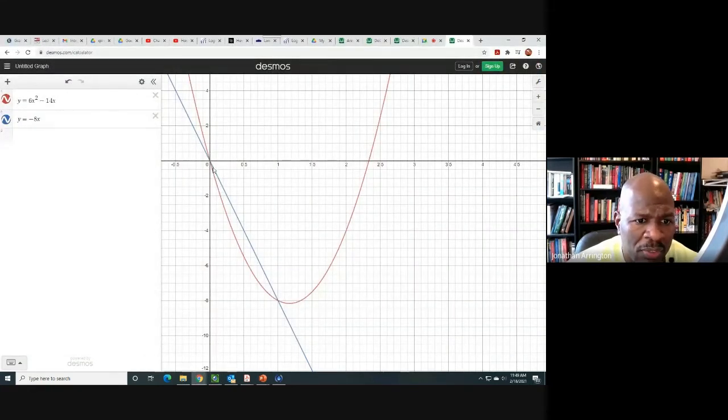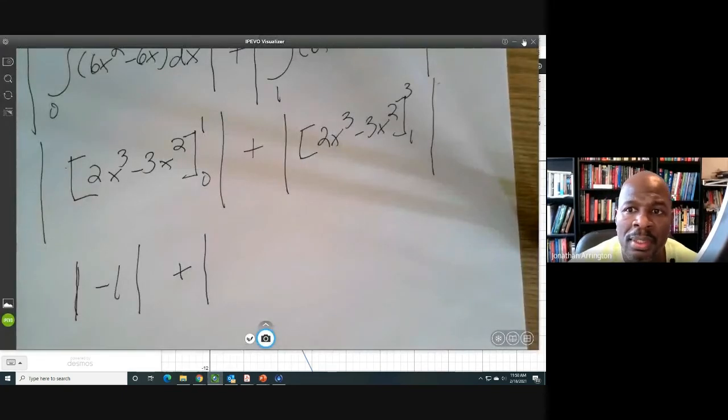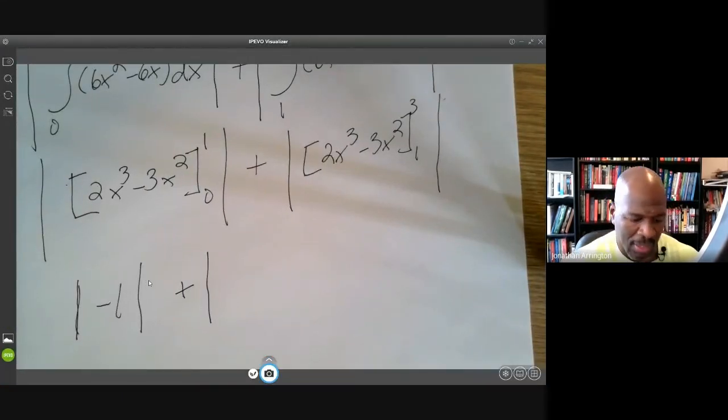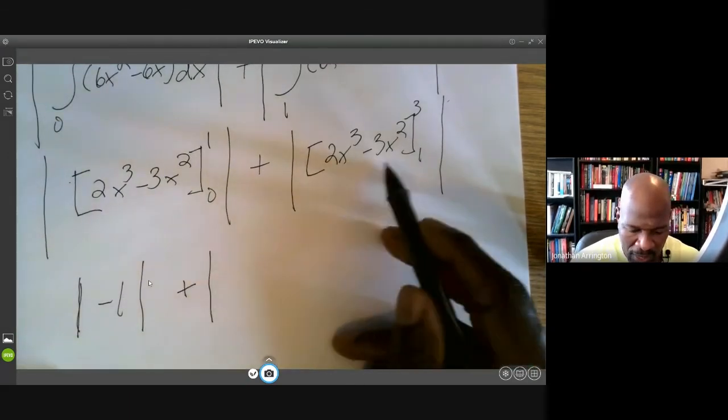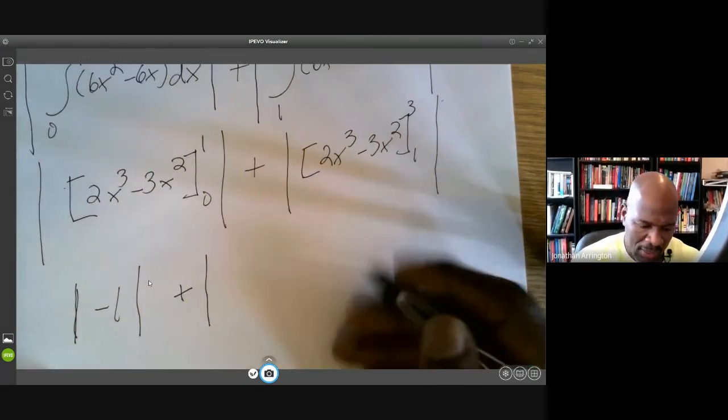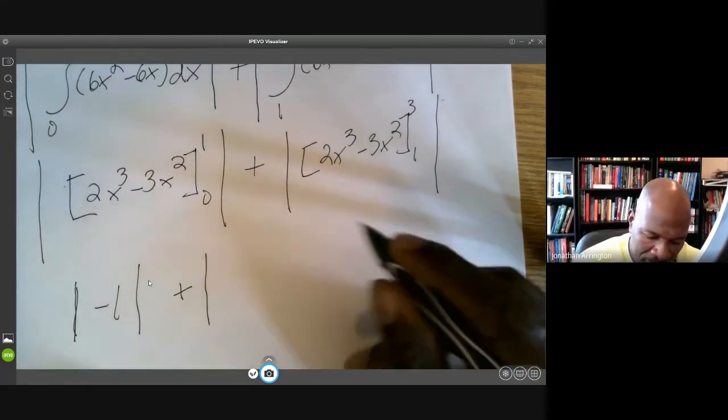Because in the beginning, from 0 to 1, g was the top function, and we did f minus g for the whole deal. So the first part was in the wrong order. That's why we got that negative number. So since this number was negative, that means this one is going to be in the right order and this number is going to be positive. All right, so let's go ahead and plug in 3.